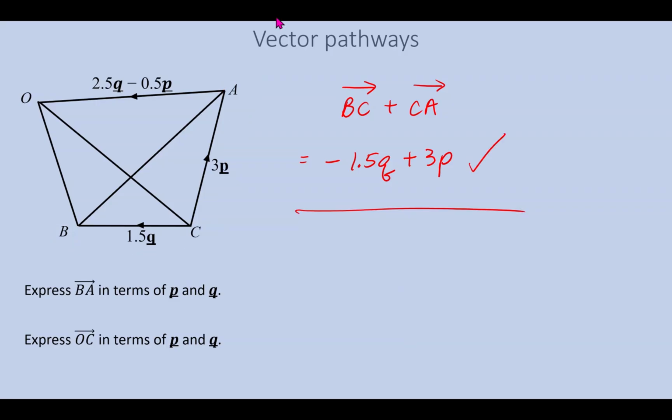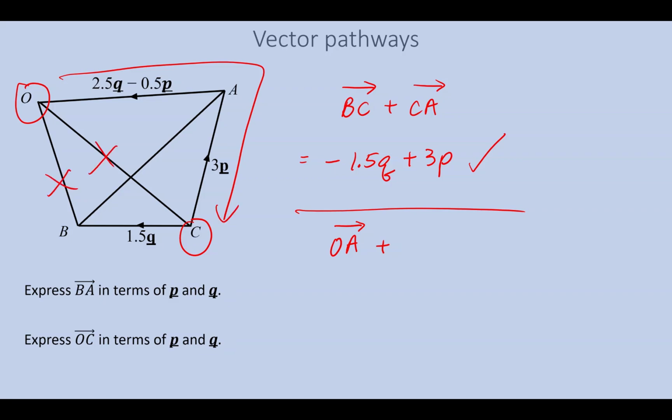We do the OC. Starting from here, O. Starting from here, C. Then write my intention, OA, going this way because there's no ray, I don't have information, and then AC.